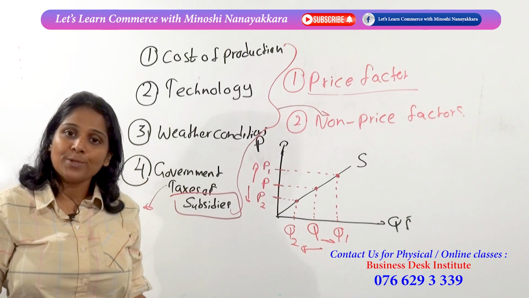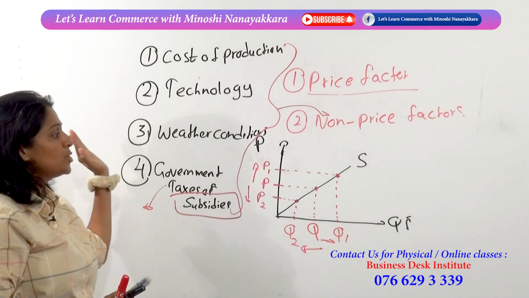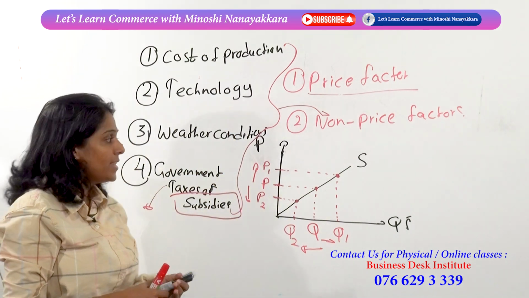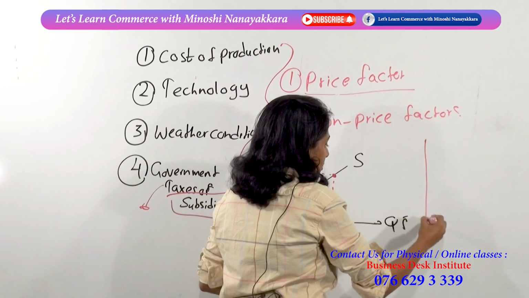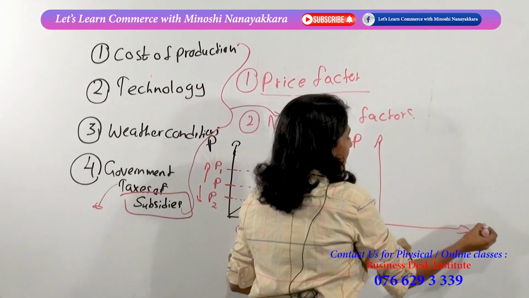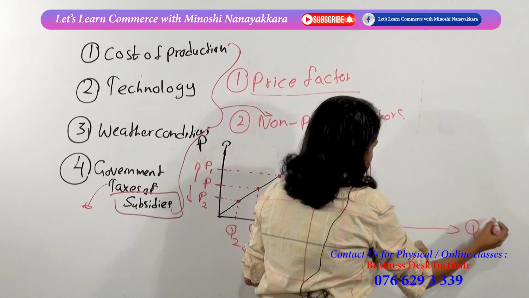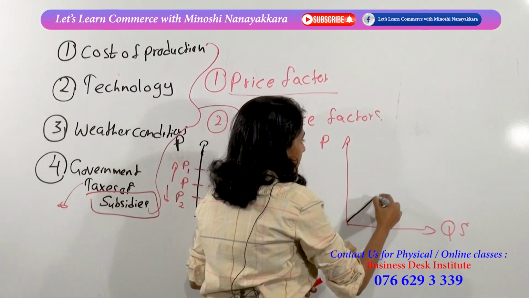Now I want to show you how we are going to show these non-price factors with the curve. For that I will draw a new curve in the same way. You know that this is our price and this is our quantity supplied. So now this is our supply curve.